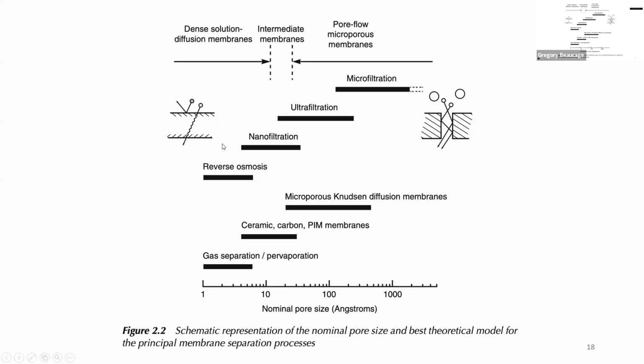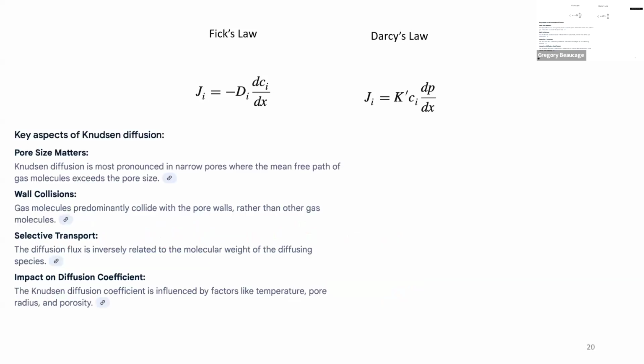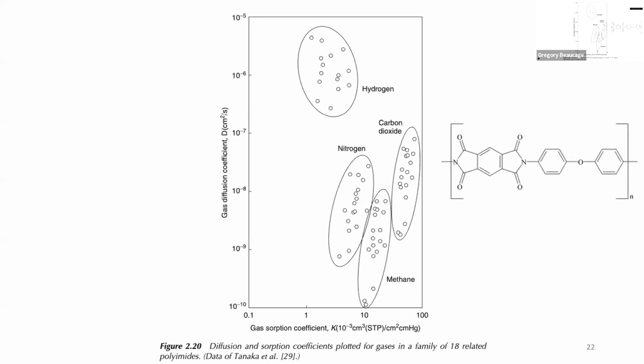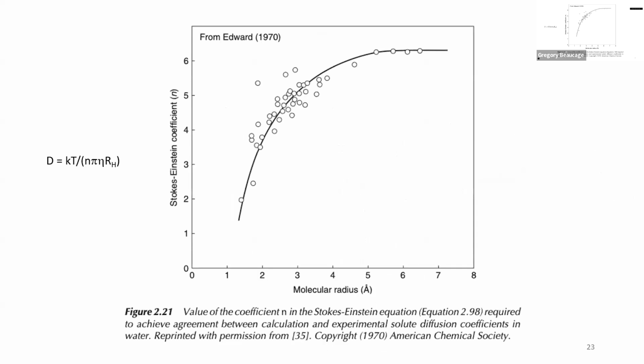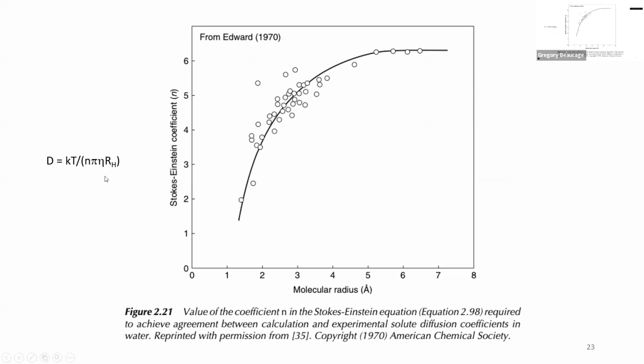What is this showing? That's just showing the Knudsen effect of transport through a pore. So if you have diffusion going through a material, and then this is the size of the material.